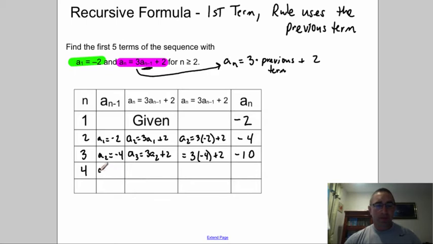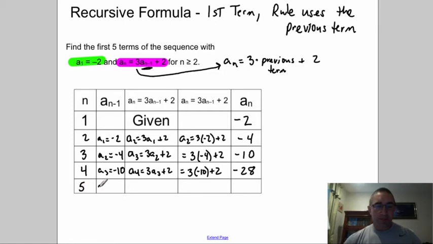The fourth term, I'm going to need the previous term, the third term, which was negative 10, because the fourth term is going to be 3 times the third term plus 2, or 3 times negative 10 plus 2 for a negative 28.